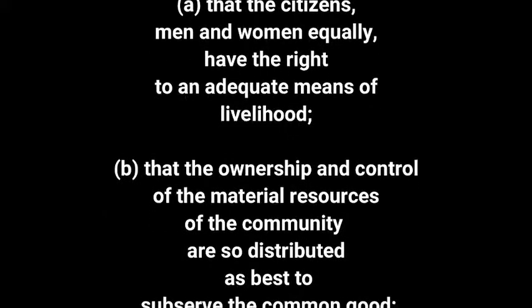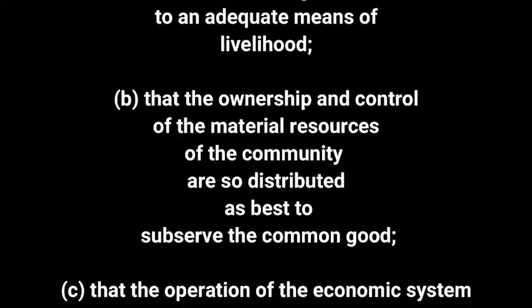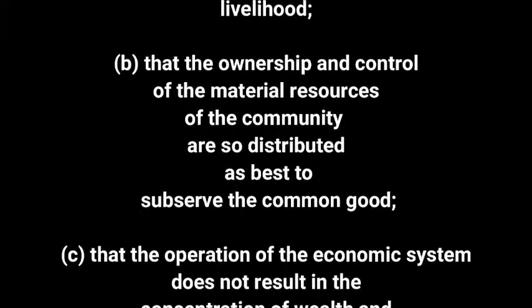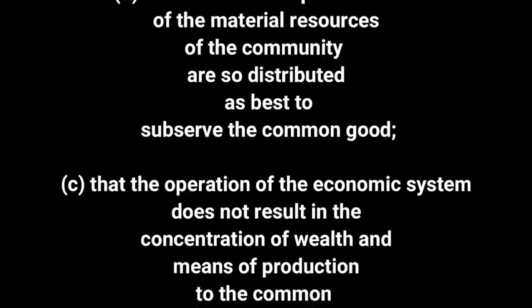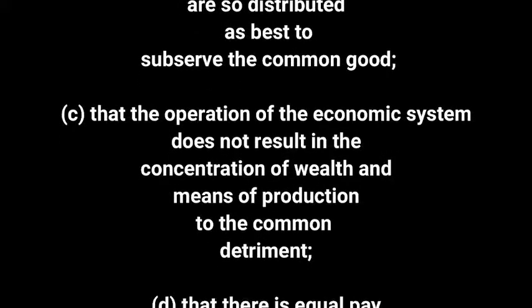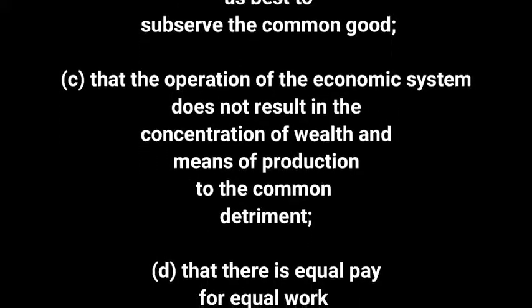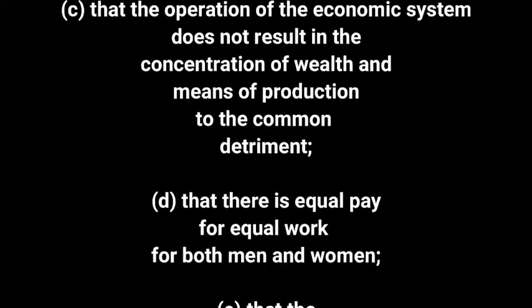That the ownership and control of the material resources of the community are so distributed as best to subserve the common good. c. That the operation of the economic system does not result in the concentration of wealth and means of production to the common detriment.